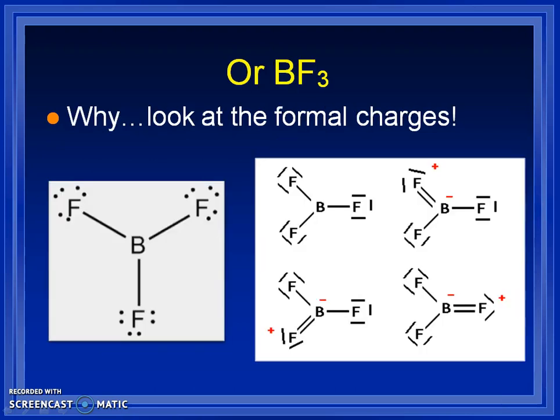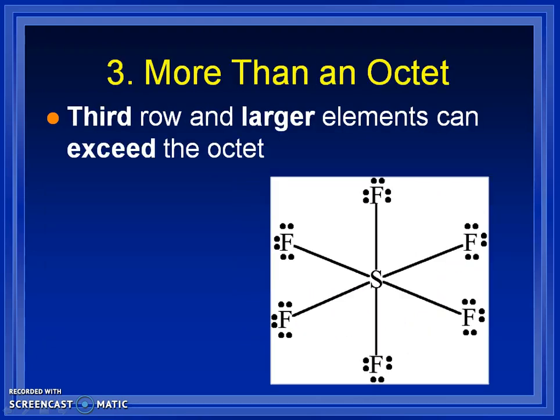If we look even deeper, we would do the formal charges of boron trifluoride, and we would find that the 3 single bonds with boron and fluorine all have a 0 formal charge. But if we include a double bond to make boron have 4 bonds or 8 valence electrons, we would see positive and negative formal charges there.